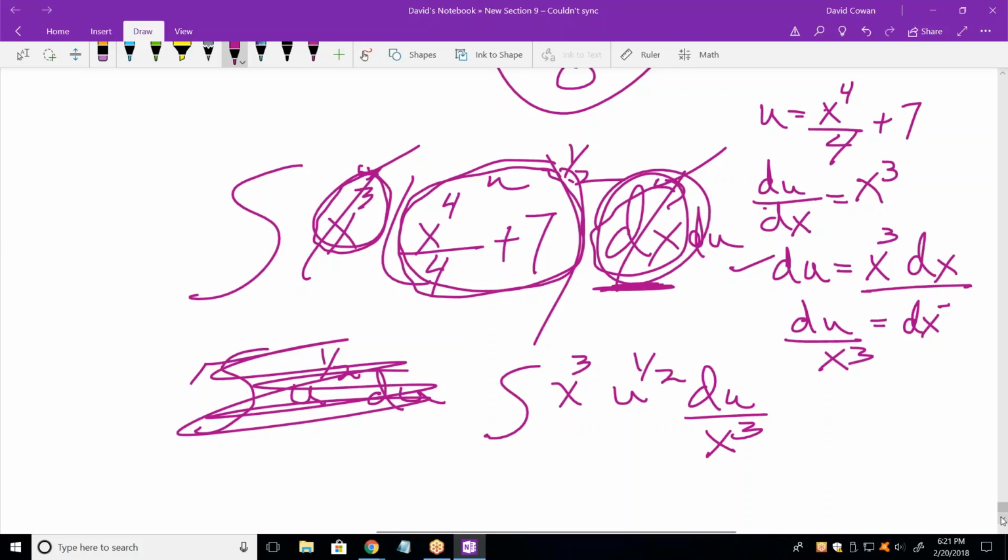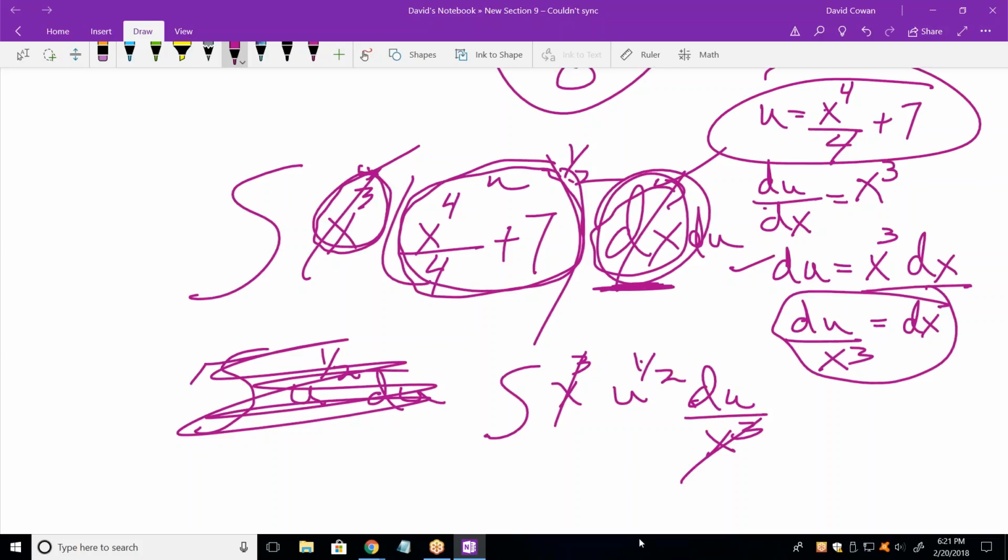This identity right there. And now that works because my x to the thirds cancel. Now I just have the integral of u to the 1/2 du. I can use the power rule, retranslate, integrate it easily.